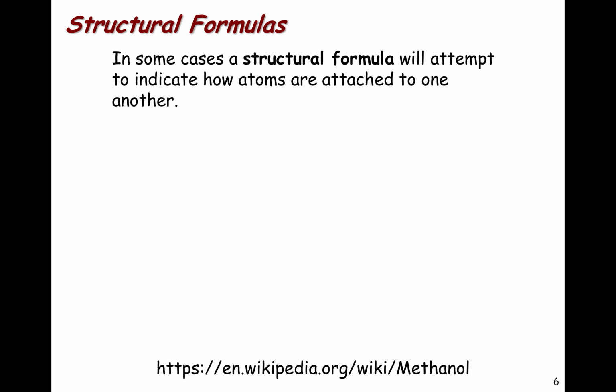As the number of atoms in the formula increases, the complexity of the structural formula can also become quite a bit daunting, so to speak. So if we consider methanol, for example, which is still a relatively simple molecule, in this case, we could write the formula as CH3OH. In this case, we see that there's a carbon, and it's implied that there are 3 hydrogens attached to that carbon.